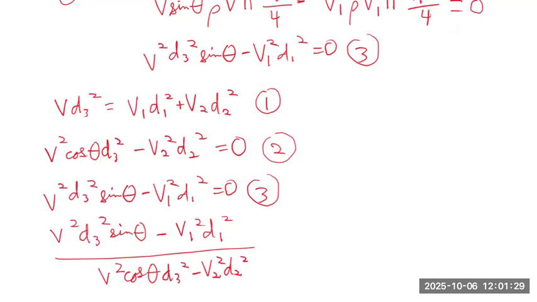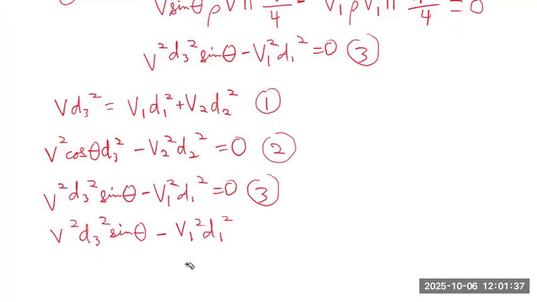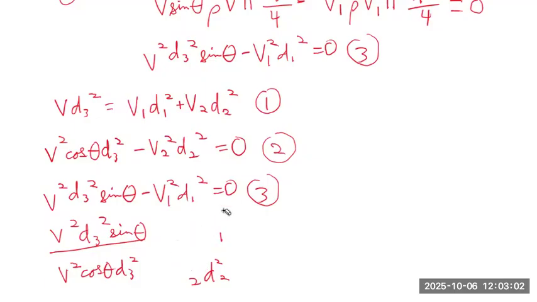Or wait, sorry, that's not how you divide equations. I meant to do it like this: V2 cosine theta D3 squared, and then V2 squared D2 squared.